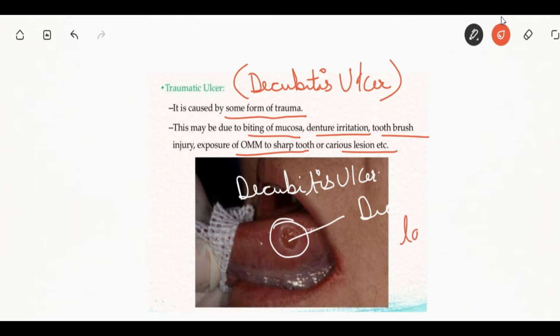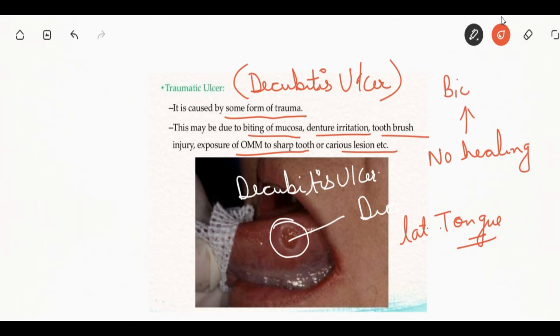They are most common on the lateral border of the tongue, usually after an injury in which the patient severely bites the tongue. These ulcers are also seen, however more commonly, on the buccal mucosa, on the lips, and occasionally on the palate. A traumatic ulcer of the tongue can bear a close resemblance to carcinoma.